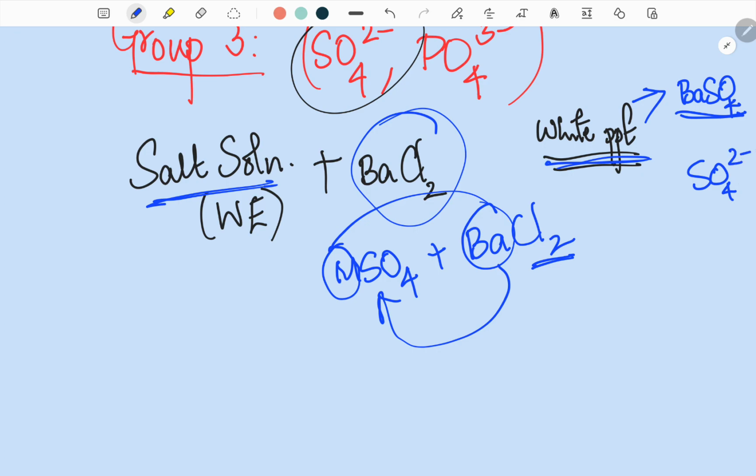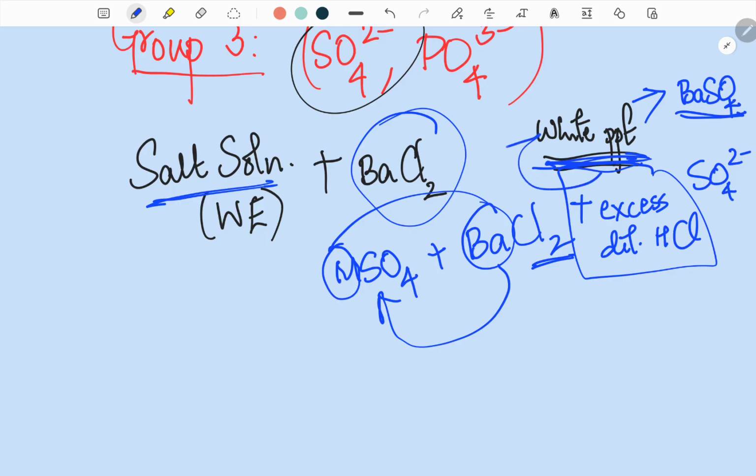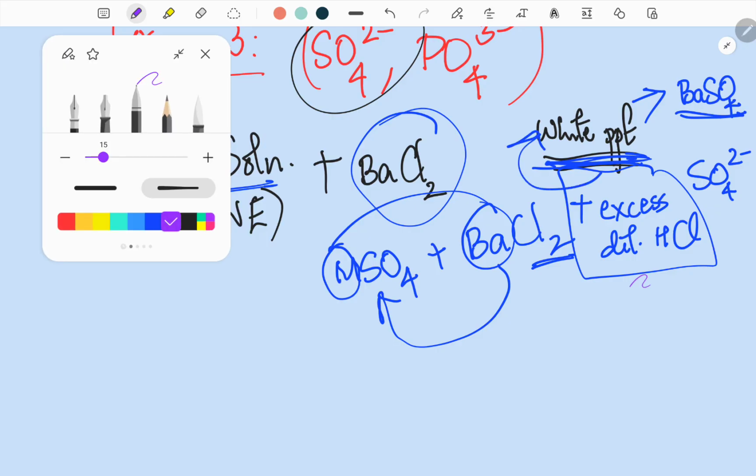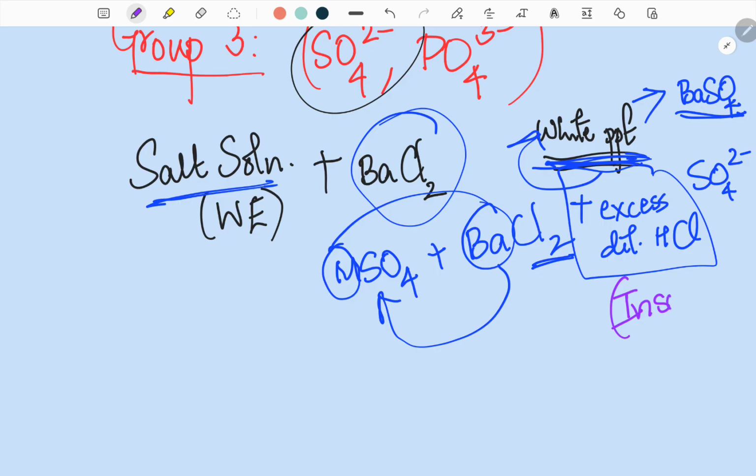Also, one more thing: just by getting a white precipitate, you cannot conclude that it is sulfate. There is one more step that you need to do. You have to add excess dilute HCl to the white precipitate, and if the precipitate is insoluble, if it does not dissolve in excess dilute HCl, then you can conclude that your ion is sulfate.